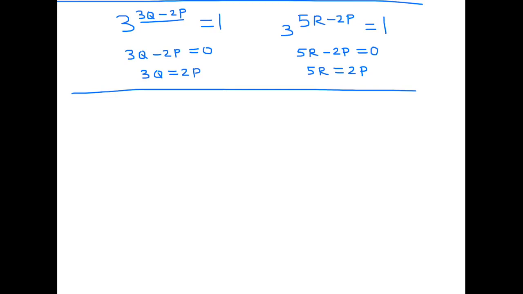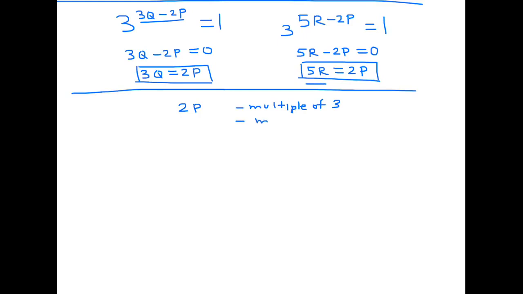Now we have to work with these two equations. 2p equals 3q, so 2p looks like it's a multiple of 3. And then 2p also equals 5r, so it looks like 2p is a multiple of 5.